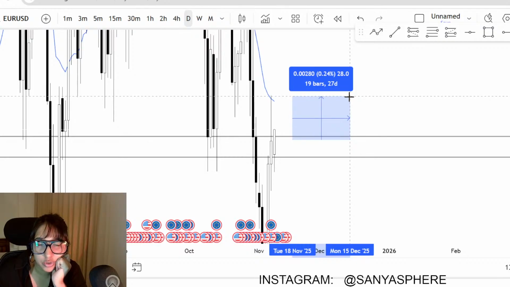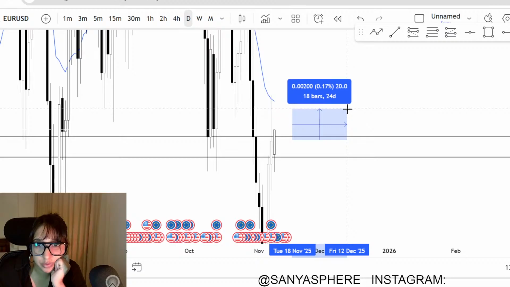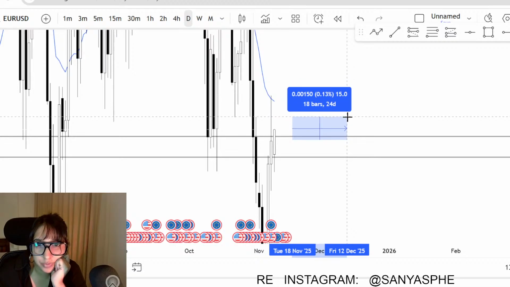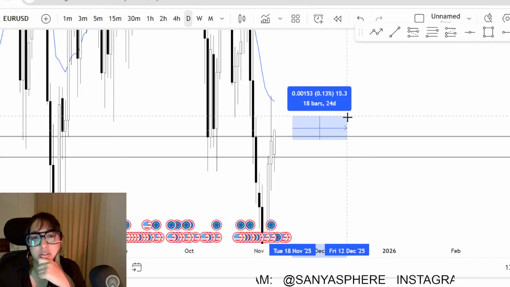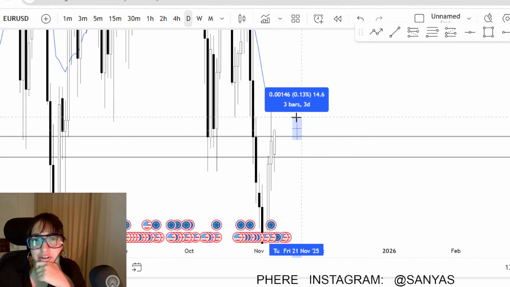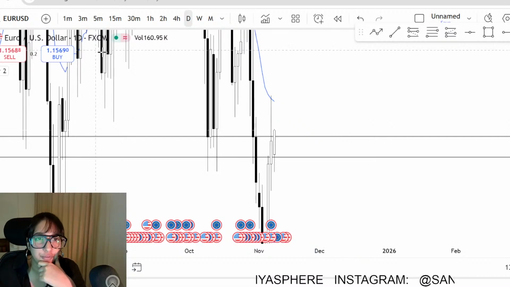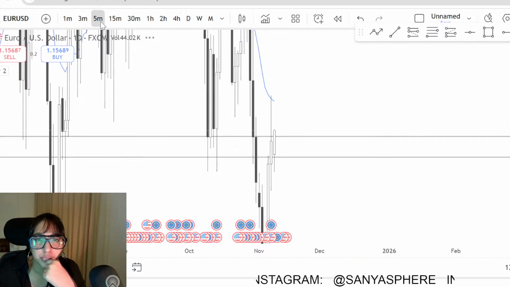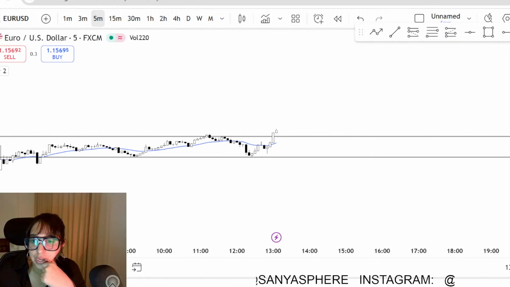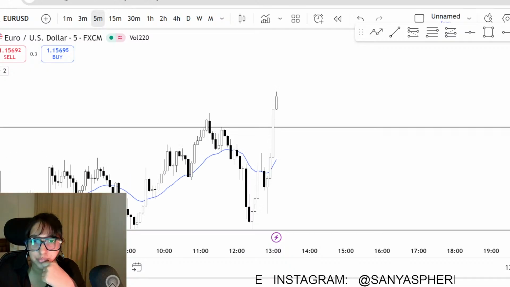Okay, so that means around 14 pips. So if we get rejection from this certain area, 14 pips, that would be half wick fill. But again, this is our setup, so let's see.